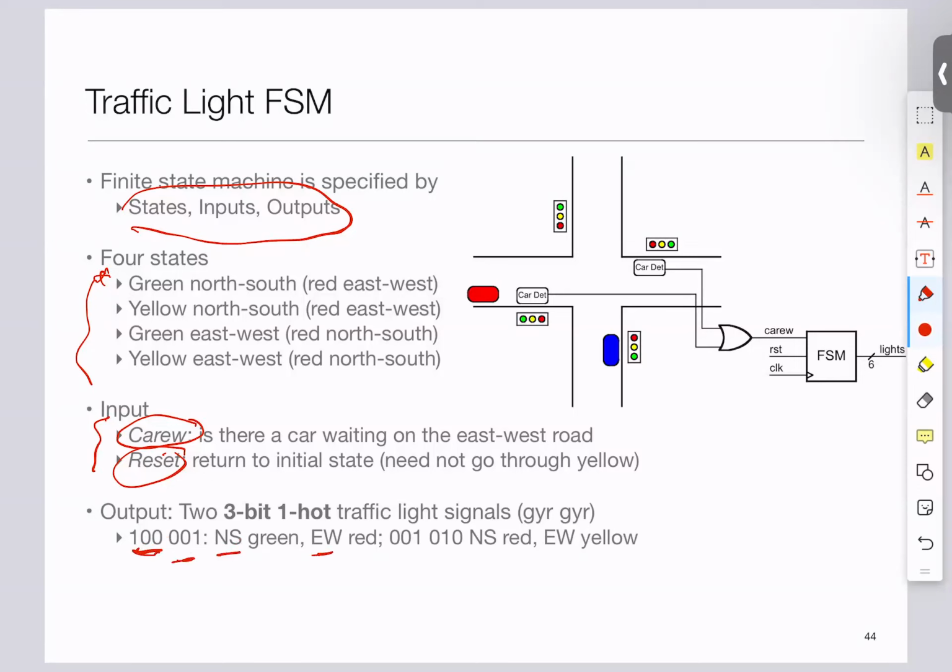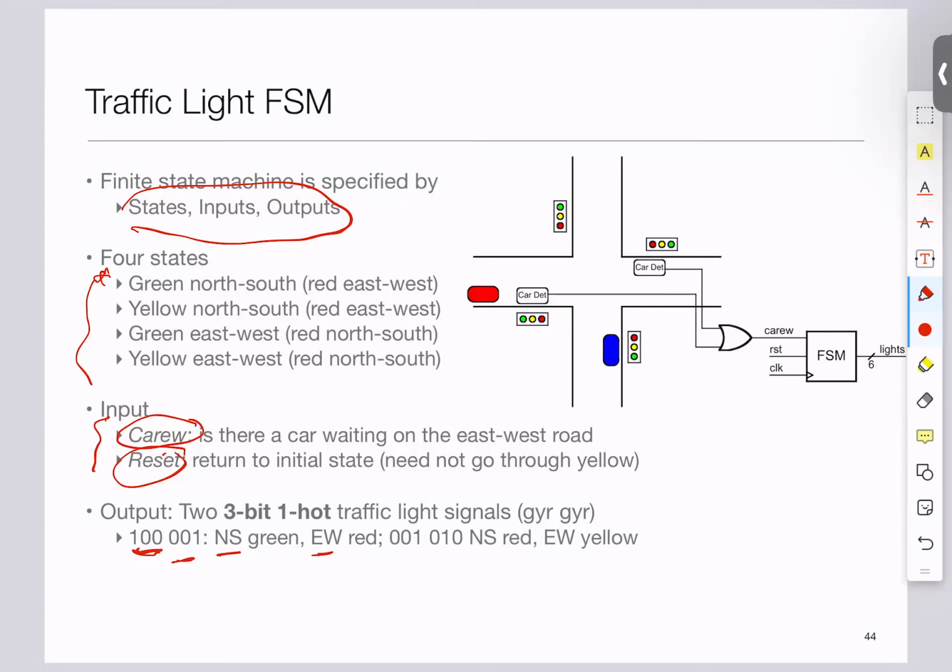Because only one of those lights can be on within a cluster, so it's a one-hot thing. So I can basically think of it as 2 groups of 3-bit one-hot coded stuff. At this stage, we are just figuring out at a high level what my finite state machine looks like.